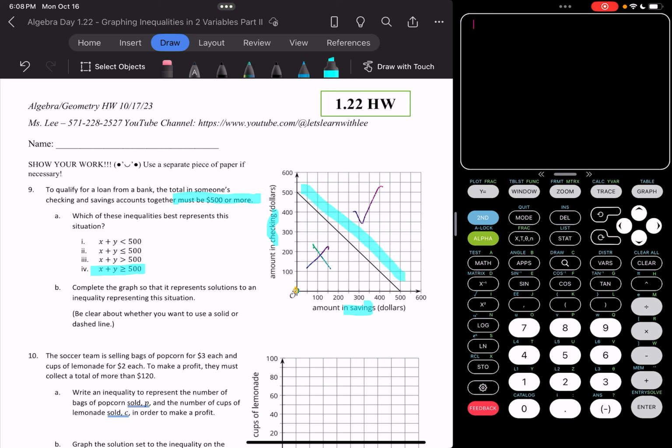And so we would go ahead and shade in this side. It says be clear about whether you would use a solid or dashed line. In this case, it is greater than or equal to, so it would be a nice solid line, not a dashed line.